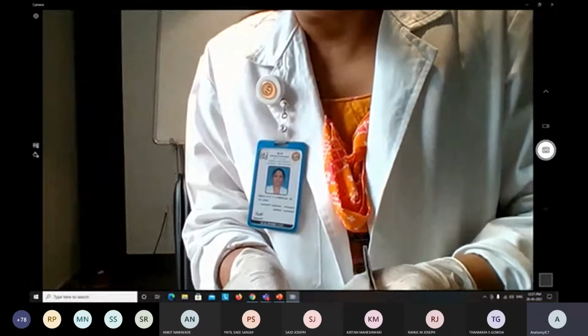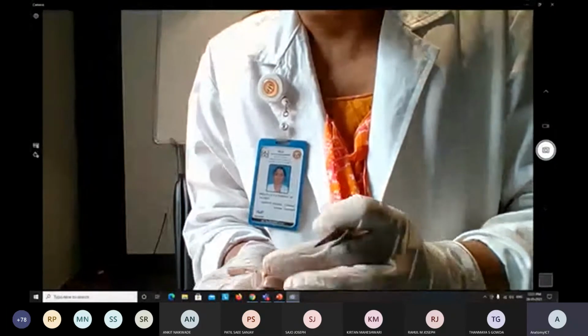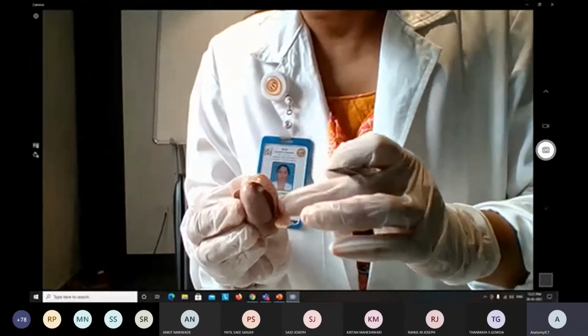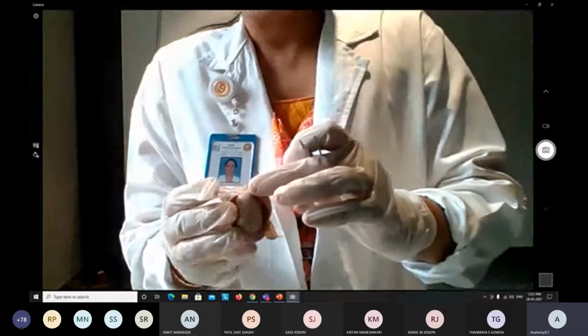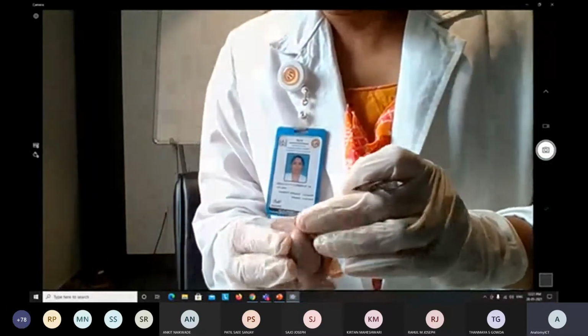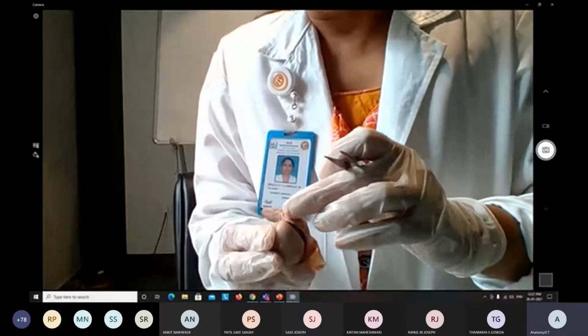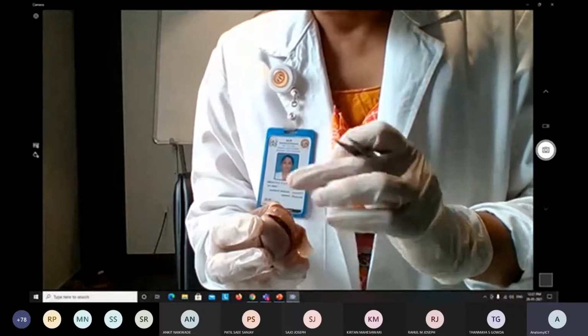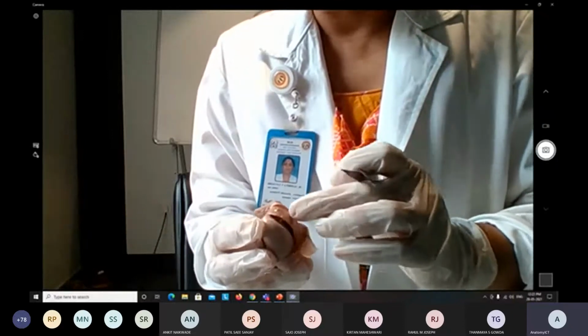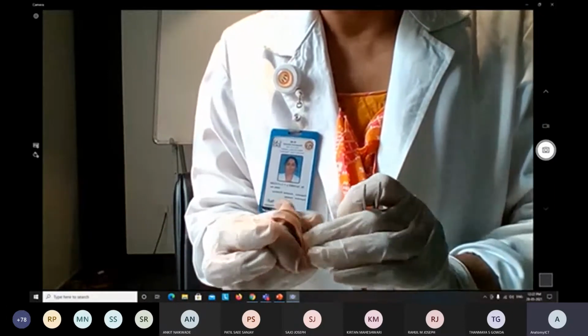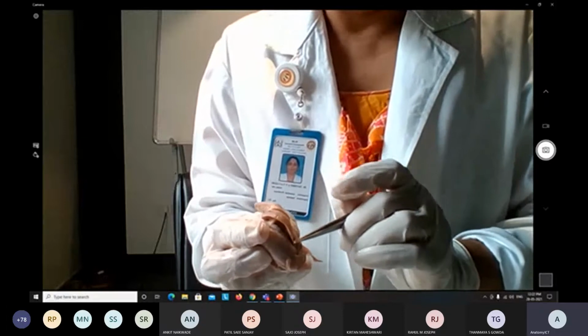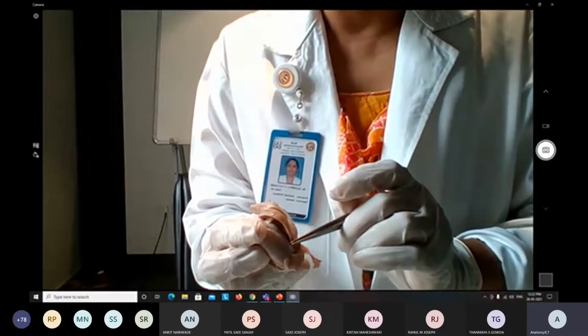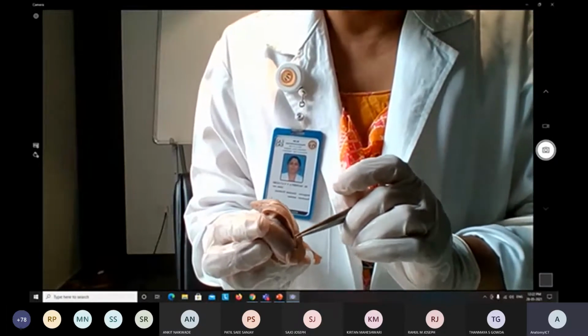Here you can see, the head of the epididymis is containing the coiled efferent ductules. Clear? The whole thing will form one duct, and then the body of the epididymis will be containing just a single duct of the epididymis.